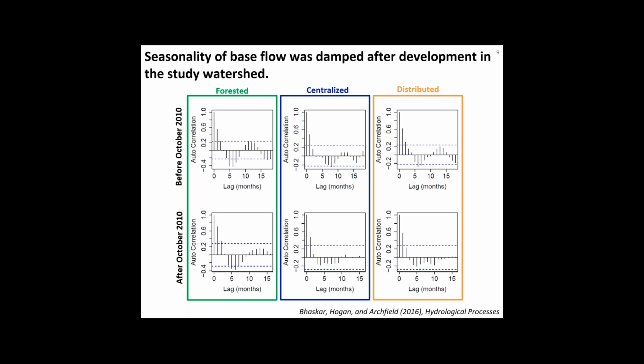For the distributed watershed, we see before 2010, the autocorrelation plot looks more similar to the forested watershed, in that there's a seasonal pattern evident, but then we see that after 2010, this signal is damped.